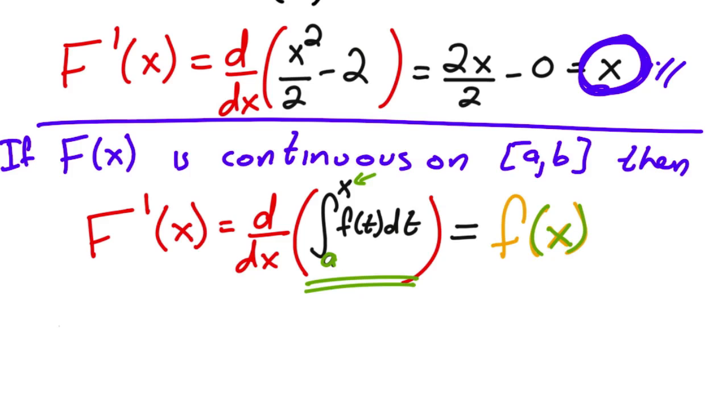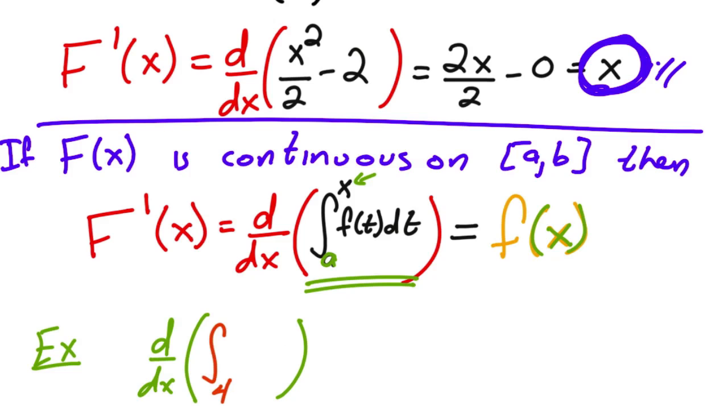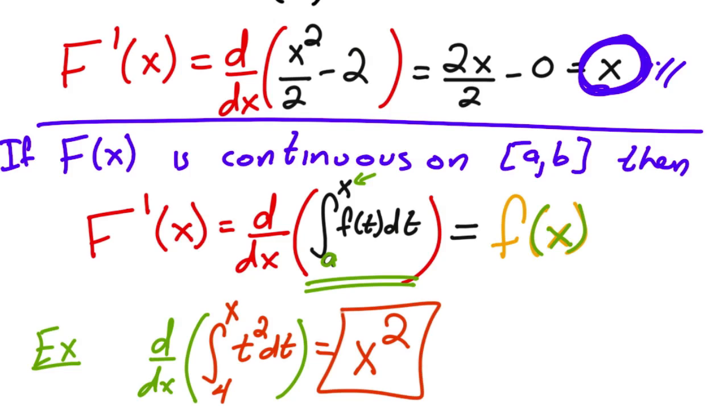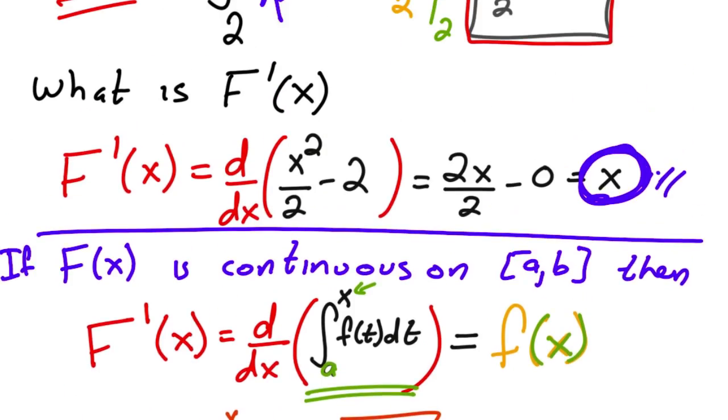And so, for example, if I want to find the derivative of, let's say, the integral from 4 to x of t squared dt, what the fundamental theorem of calculus part 2 says is that this is simply equal to x squared. And that's it. And you'll notice if you find the antiderivative of this function and then find the derivative of it, you'll get this exact same answer, just like we did up above in this first one.